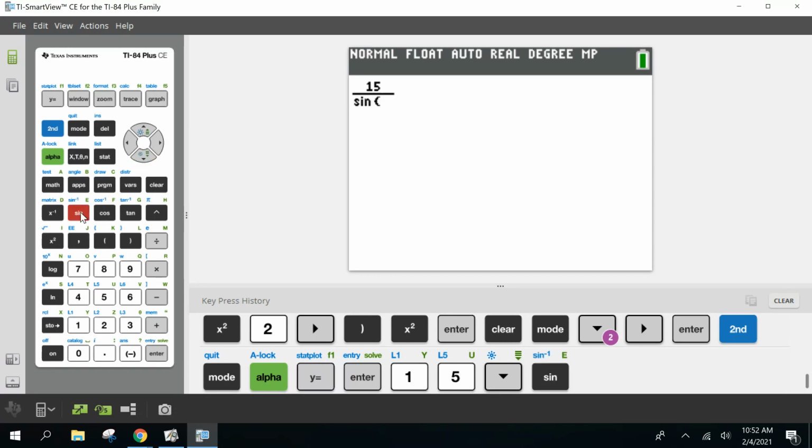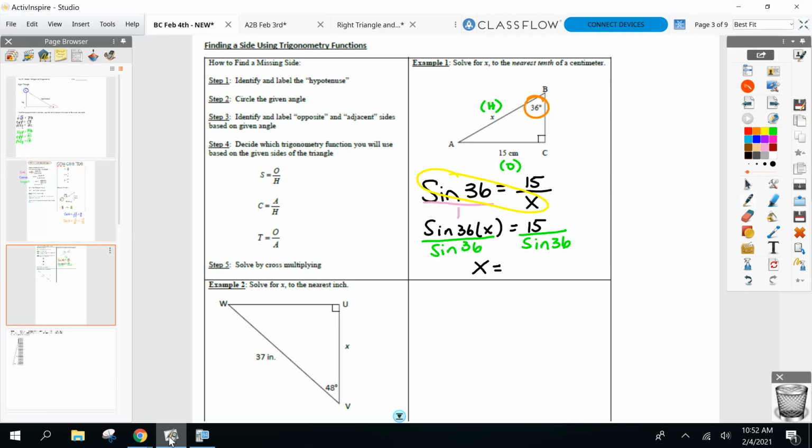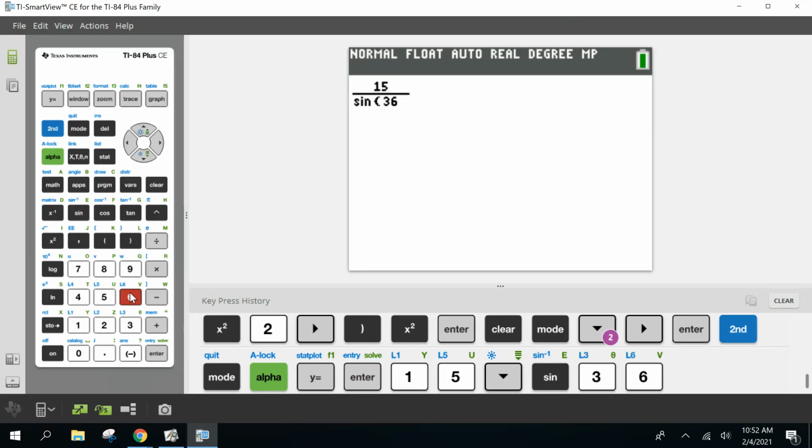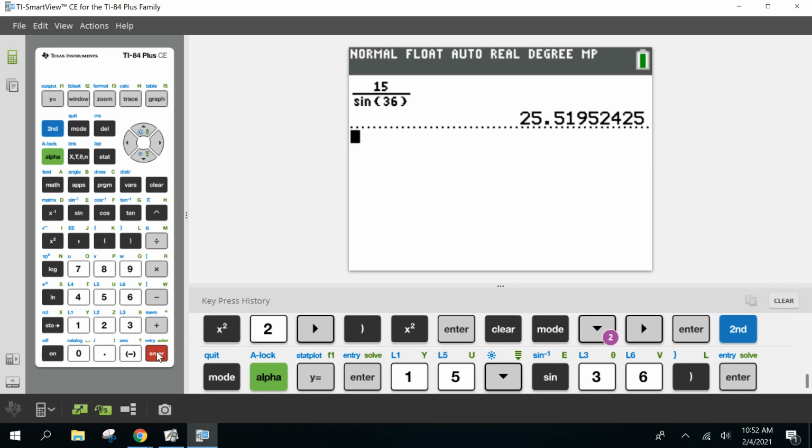So I want to use sine of 36. And your calculator has it already programmed in what that number is. And there it is. There's my side length. Again, if you are not getting this 25.519, put your calculator in degree mode if you missed my explanation.